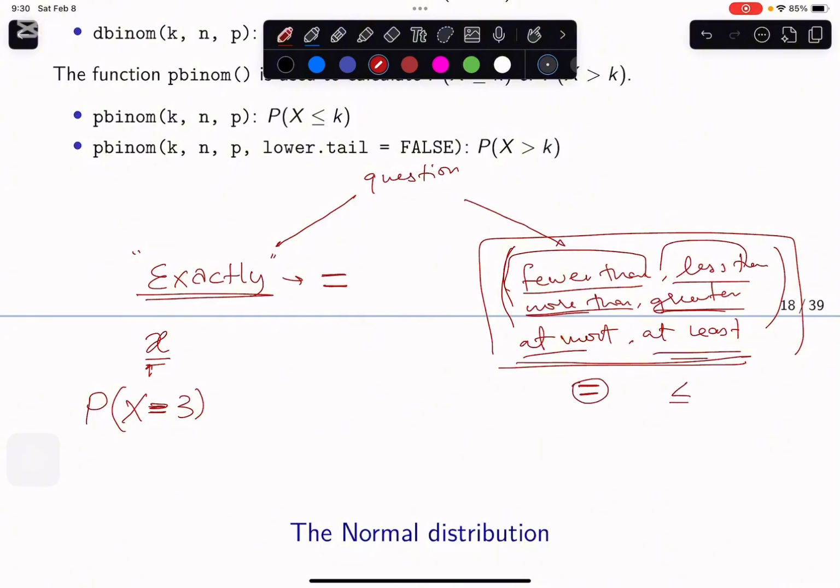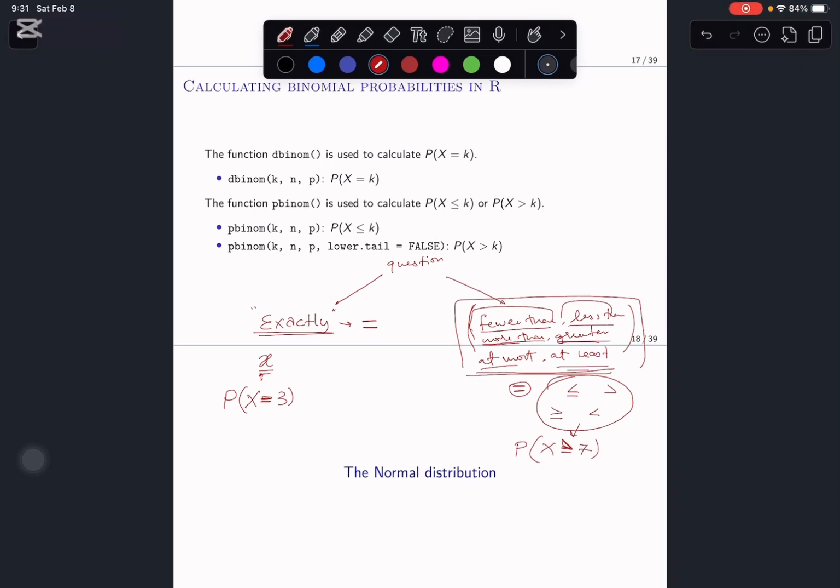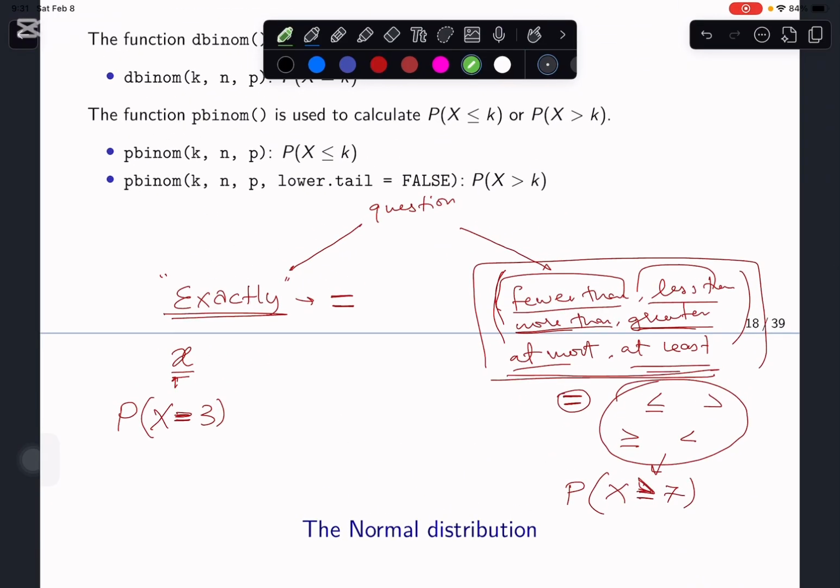It means either this or this or this or this. You're going to use one of these 4 in order to fill in the P of x. For example, the number of successful trials x should be greater than or equal to 7. What we computed just now is exactly at 3.